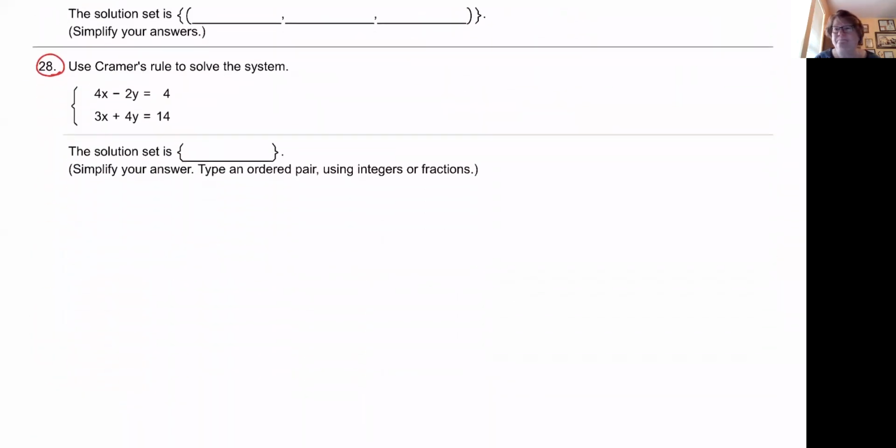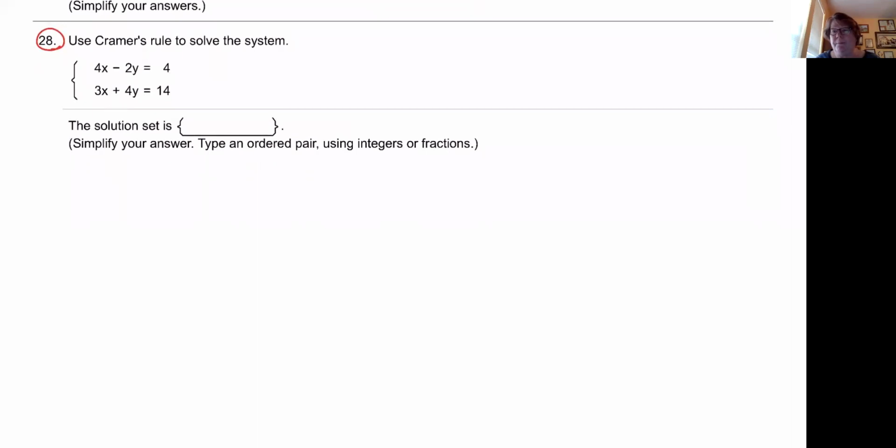Last problem, Cramer's rule. 2 by 2 system using Cramer's rule. Okay, so Cramer's rule. You could certainly do this using addition. I'm not going to grade you if you don't use the Cramer's rule on this, but I'm going to use Cramer's rule.